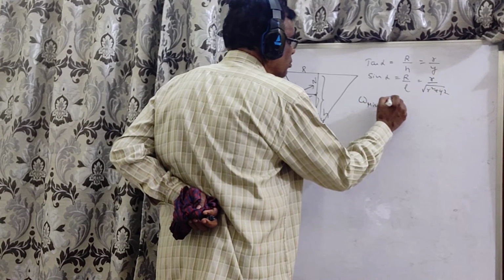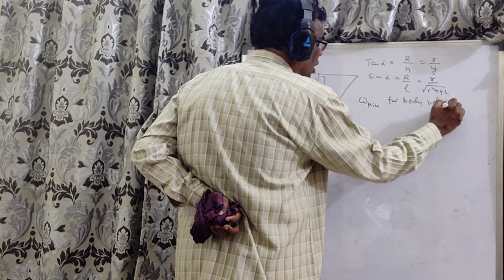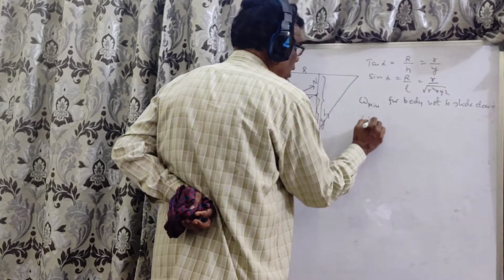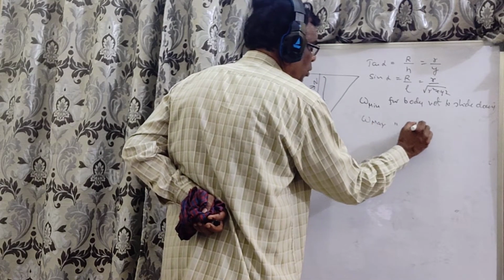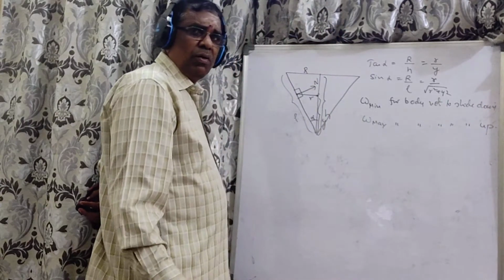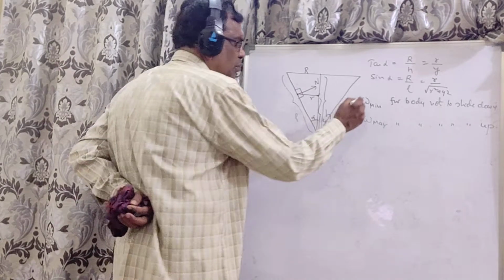Omega minimum for the body not to slide down. Omega max for the body not to slide up. What is the range for which the body will not slip?